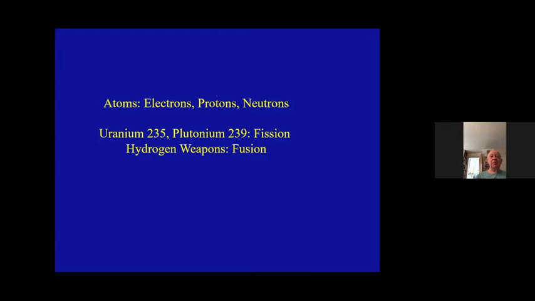And that's been the route by which a number of countries acquired atomic weapons, including Pakistan for the first time. Plutonium-239 is manufactured in reactors. So other countries have gone that route. The next slide.